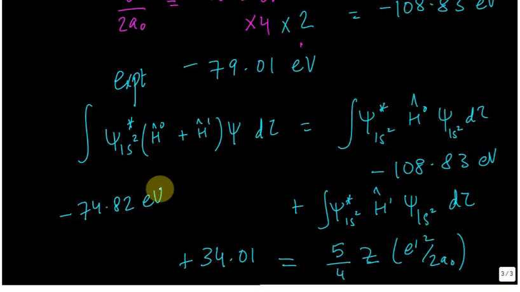Although it's close, it is off by 5 electron volts, and 5 electron volts is as good as a bond. So you will not be able to estimate any chemistry if you are off with this kind of uncertainty. The error is roughly 5.3%. That looks very small, but it's not good. So I need to do something to improve upon it.